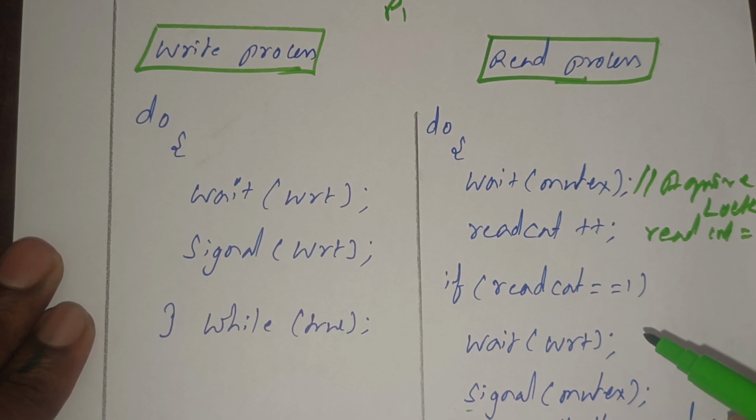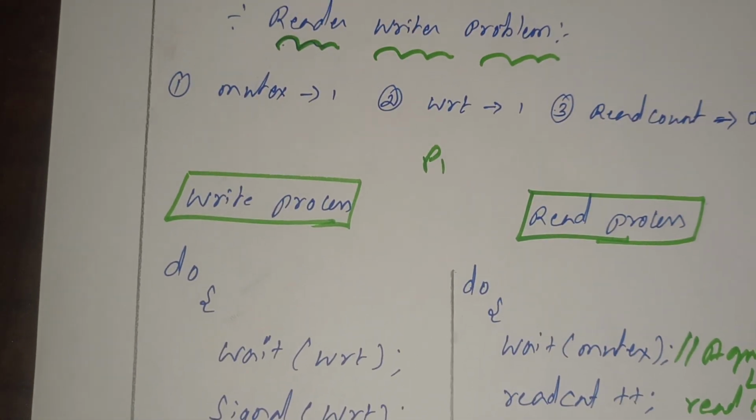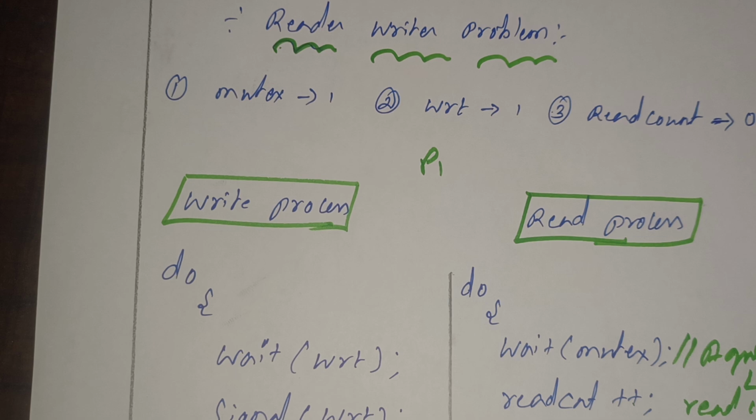If a reader is inside, a writer cannot be allowed. If the read count is 0, that is no reader is inside the critical section, the writer can come inside. At a time, two writers cannot go inside. So these are all the procedures made in this reader-writer problem technique. Obviously, if two readers access the shared database simultaneously, no adverse effect will affect the result. That is the procedure here.